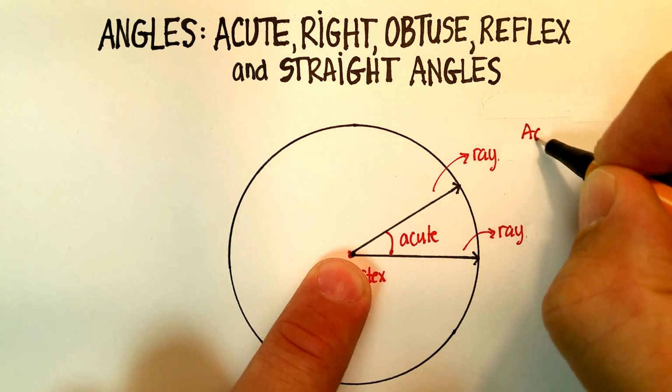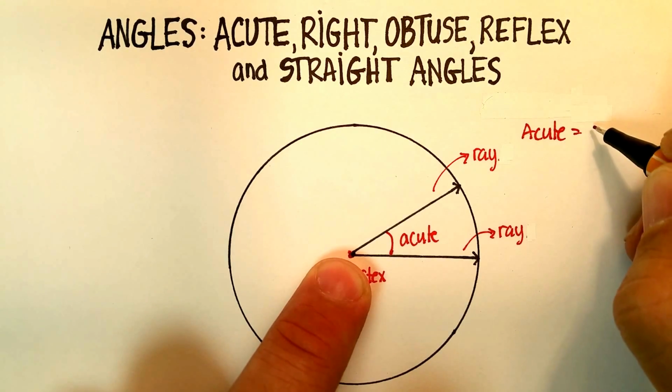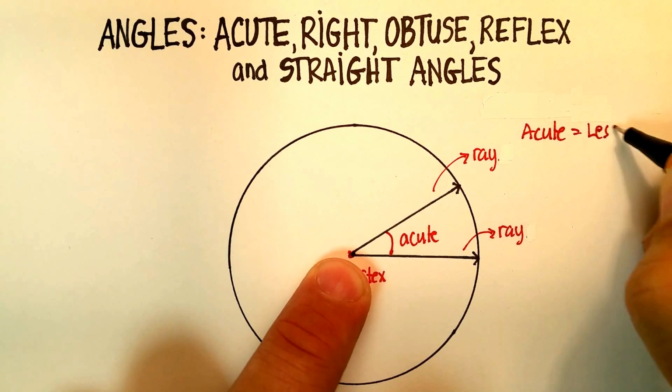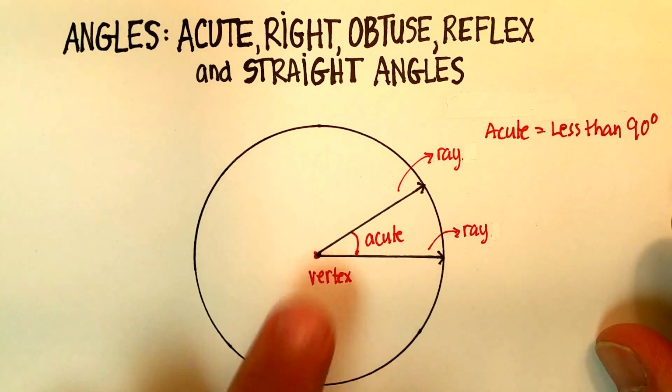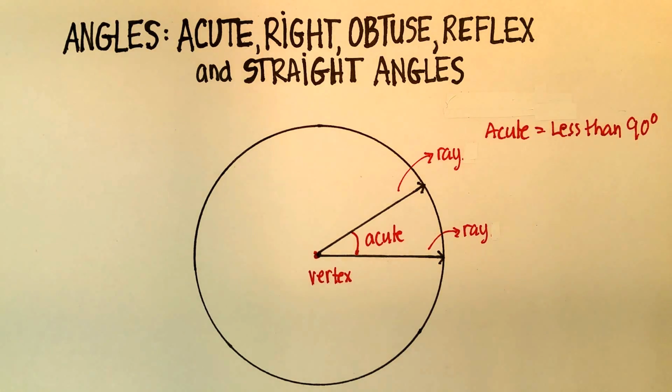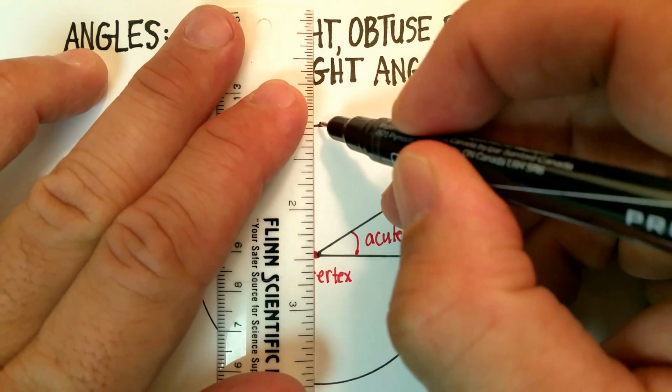Let me just write that over here. Acute is equal to less than 90 degrees.